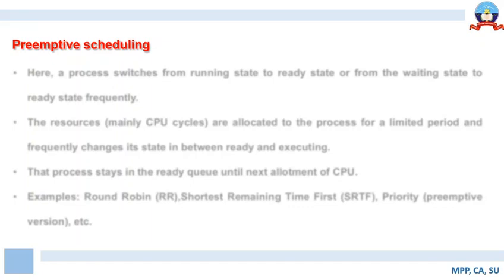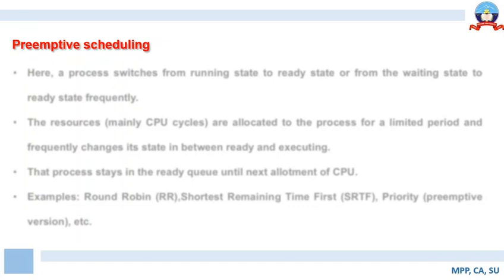So let us consider there are two processes, A and B. Currently the processor is executing the process A. Meanwhile, a high priority process B comes in, demanding allotment of CPU.